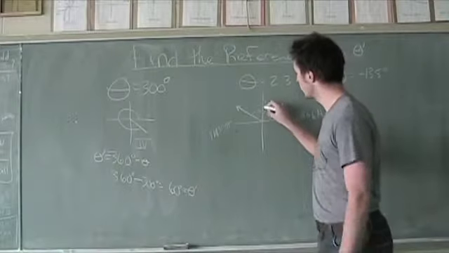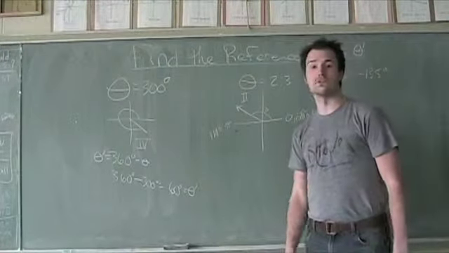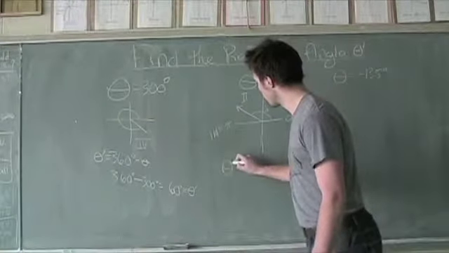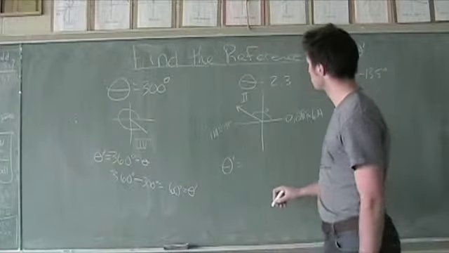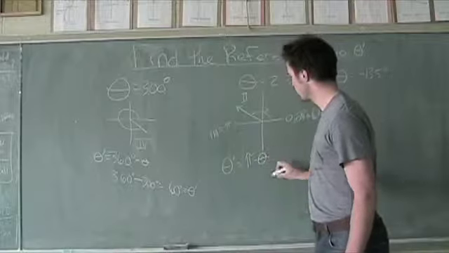This is our theta. Right now, we're in quadrant number 2. The formula for quadrant 2, using radians, is that theta prime is going to be pi minus theta.